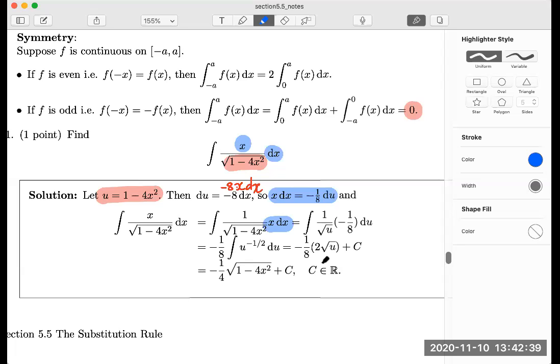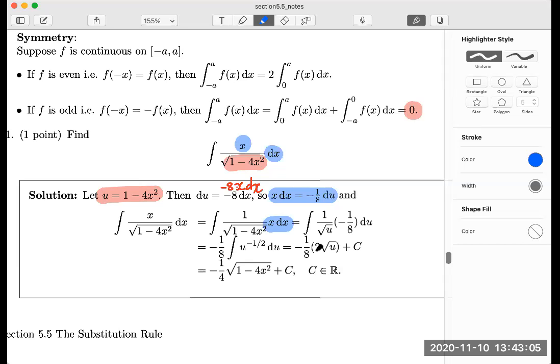So now, let us compute it. And remember, we need to find the most general antiderivative. Therefore, we need to add a constant c here, right? Very good, where c is a constant.